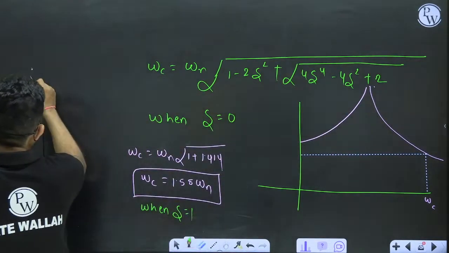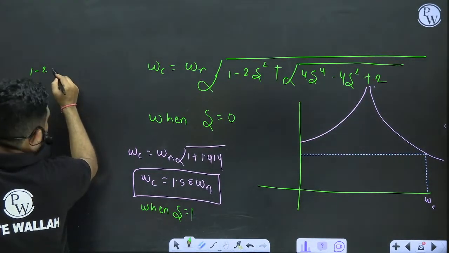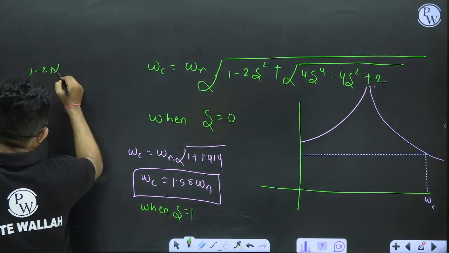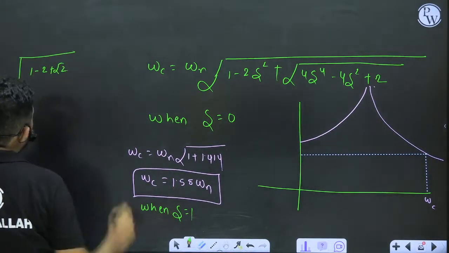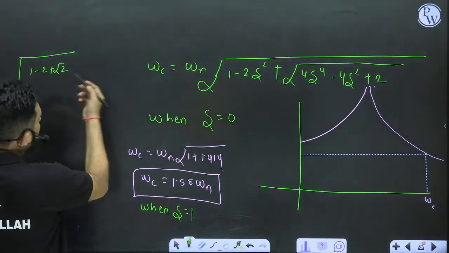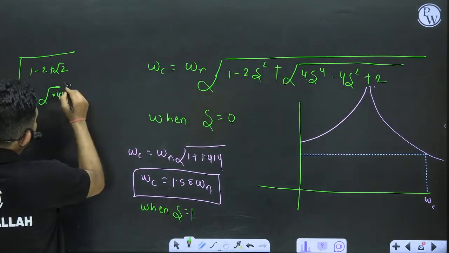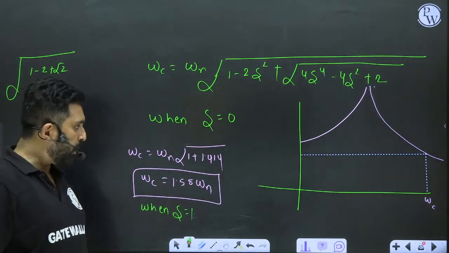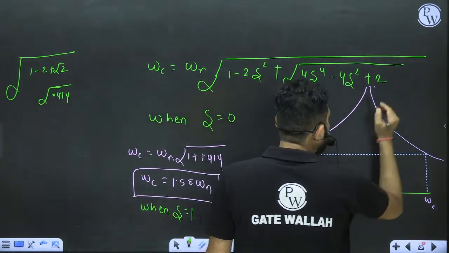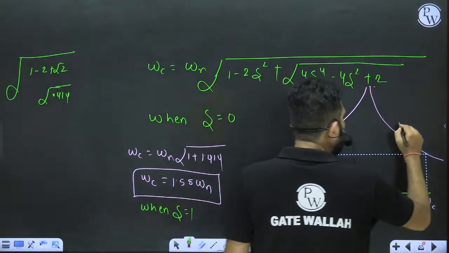So it is 1 minus 2 plus root 2 of root. So 3.414, 2.414, it is root of 4.414. Real. 0.643. So don't you think that when you put zeta is equal to 0, it is like this.